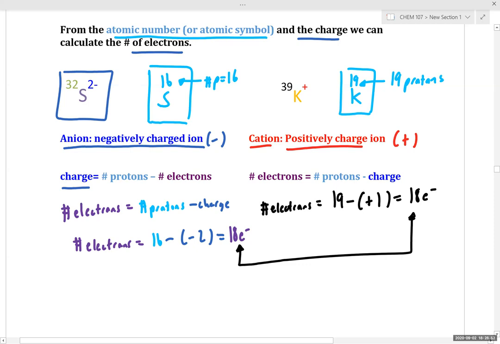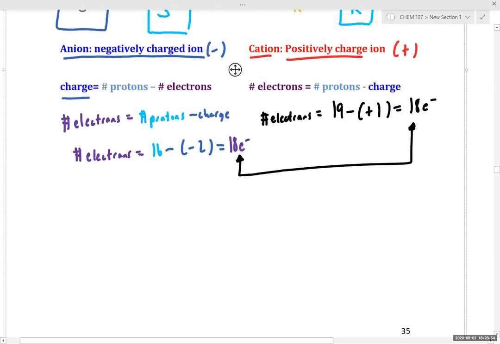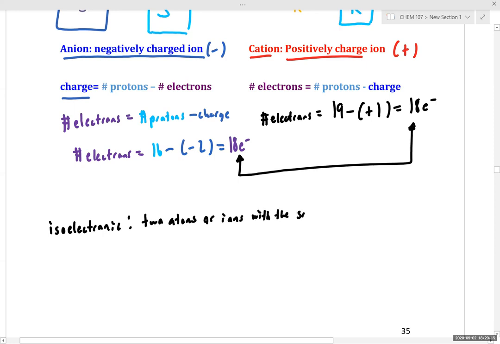Now, there's a special word that we use to describe species or ions with the same number of electrons. So isoelectronic is used to refer to two atoms or ions with the same number of electrons.